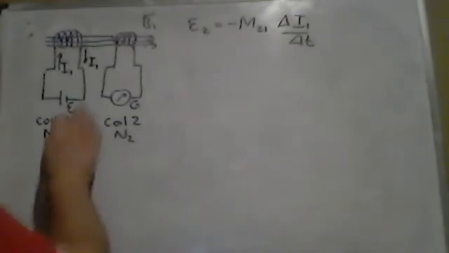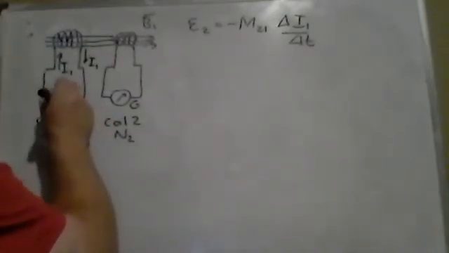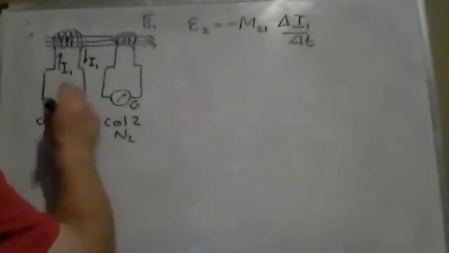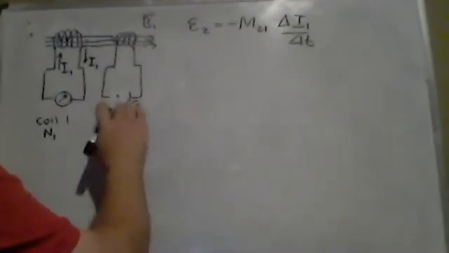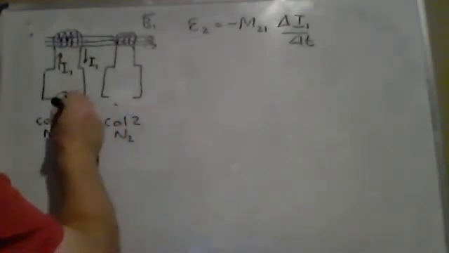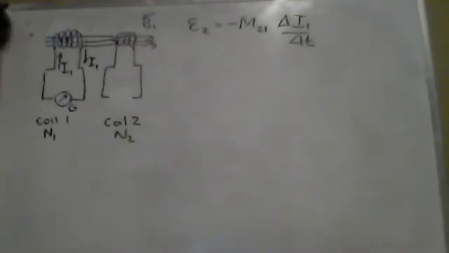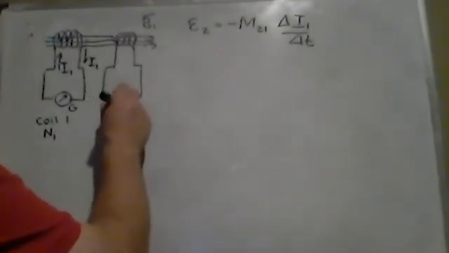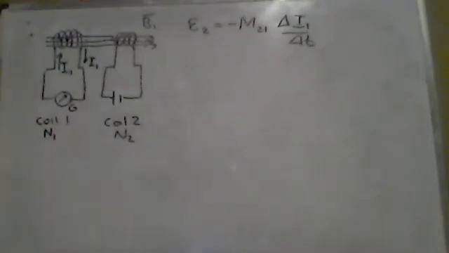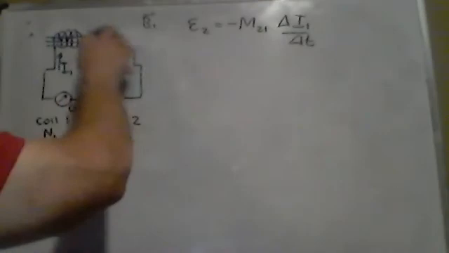All right, so let's change this around a little bit. We're going to switch roles. This one gets the ammeter now, and this one gets the battery. Or it's not the ammeter, it's the galvanometer. This one now has the battery. All right, so let me redraw my picture here a little bit. Let's just redraw the whole thing.